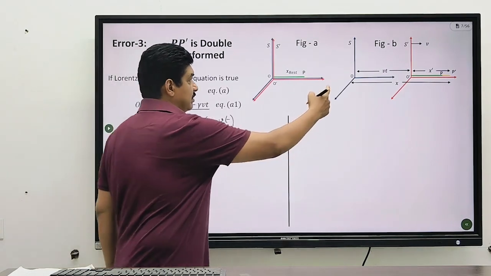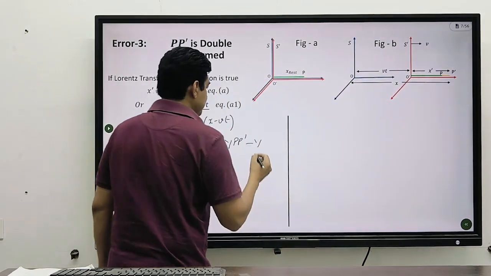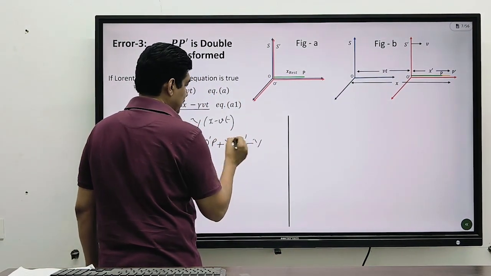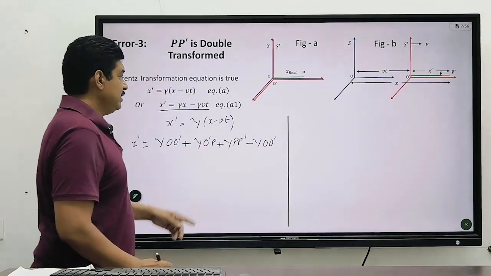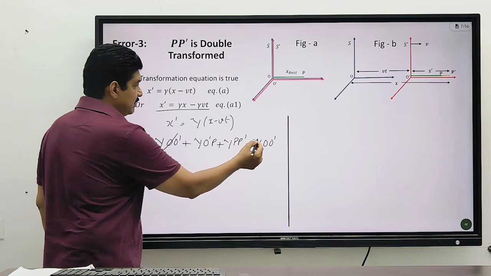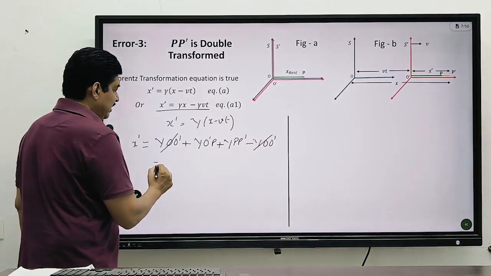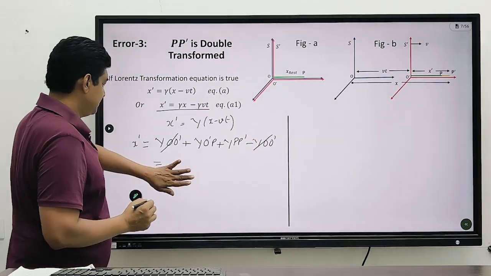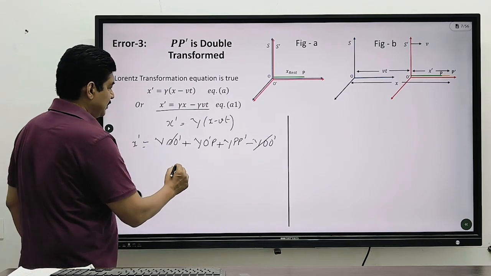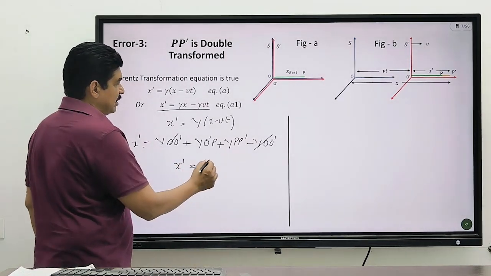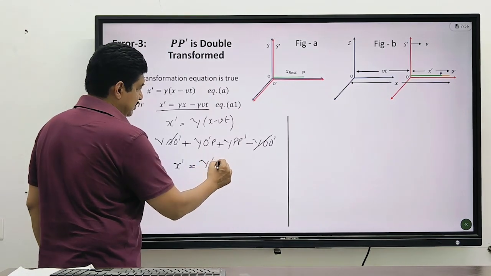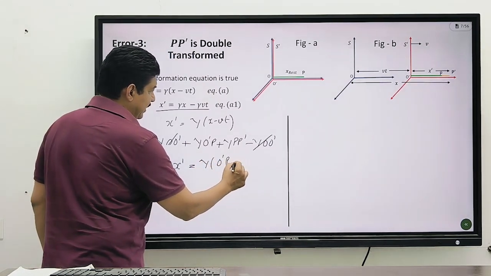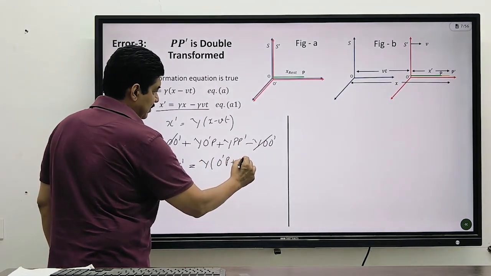So Vt is what? O prime. So this is O prime. Now see, we will cancel this. What is left is x prime is equal to gamma O prime P plus gamma P prime.